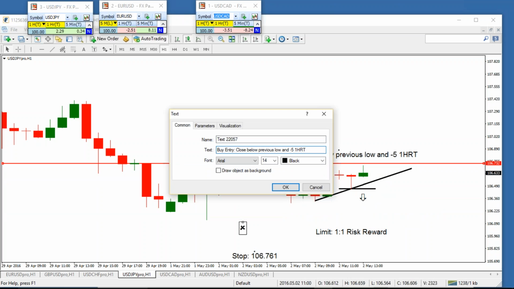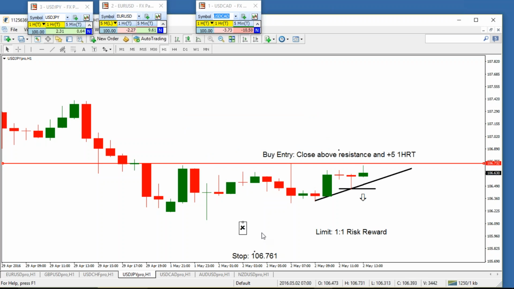And then a buy entry, looking for a close above that resistance level. You put your stop right in here at 106.451.